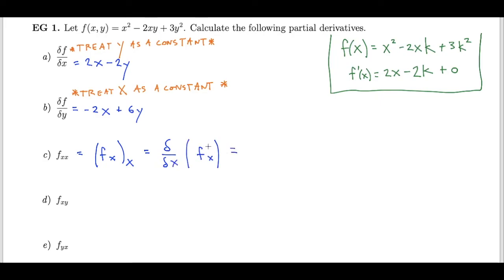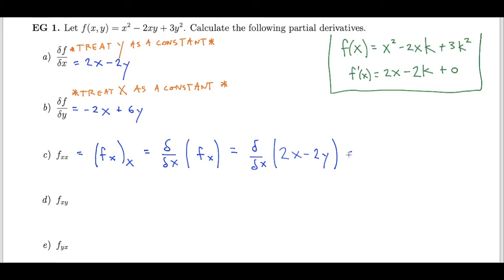As I said, I already have f sub x, the partial with respect to x, from part A. So I could think of this as applying the partial derivative with respect to x to my answer from part A. Since this is a derivative with respect to x, this derivative treats y as constant.